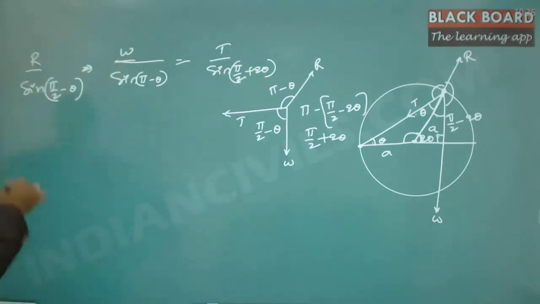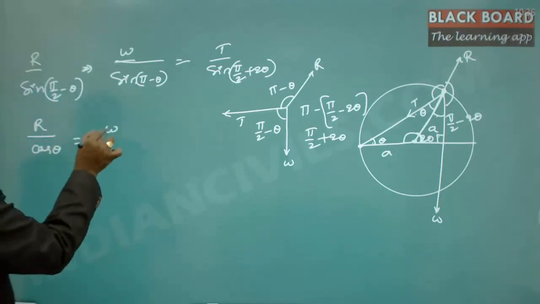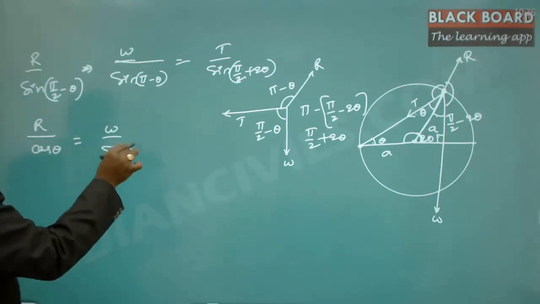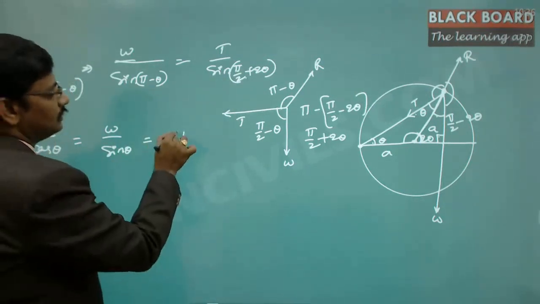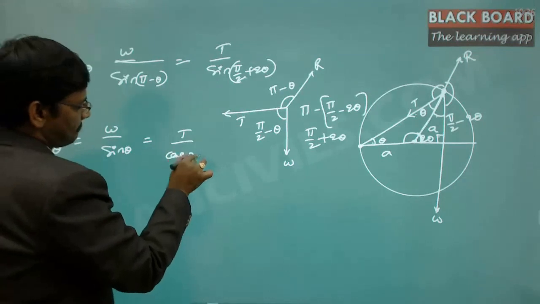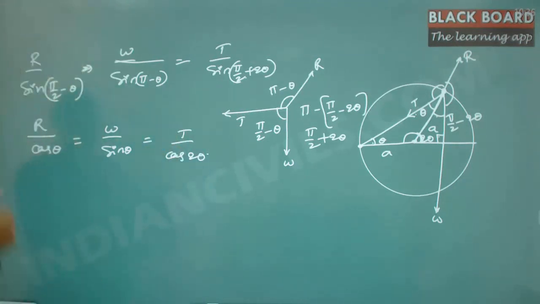Now if you simplify this, R by sine (90 minus theta), which is cos theta, is equal to W by sine theta, is equal to T by sine (90 plus 2 theta), which is cos 2 theta. Got it? Now you can identify the relation between one and the other.